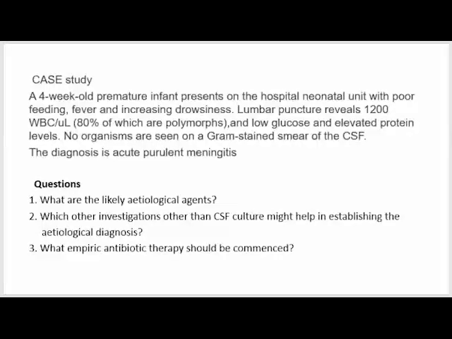Okay, the last one, now we go home. Or should we end and you do it in your own free time? Okay, let's go through it quickly. Anyone who can read from that end? A 4-week-old premature infant. You should be sharp, Mike.